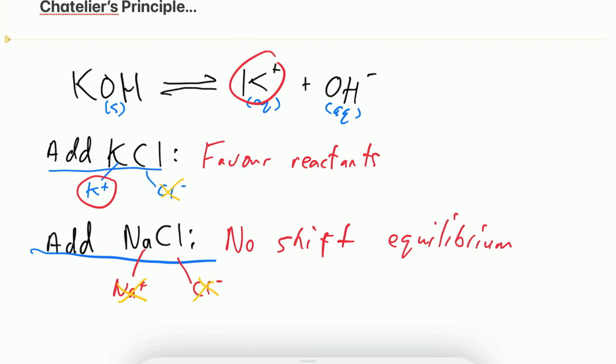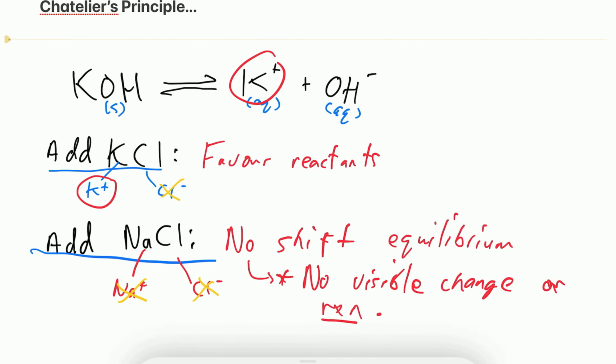Now, what you would see with regards to this one over here is that there'd be no visible change or reaction. And that's what no shift means, that there's no reaction that you would actually see in the lab.